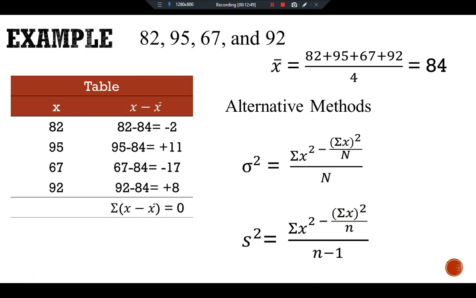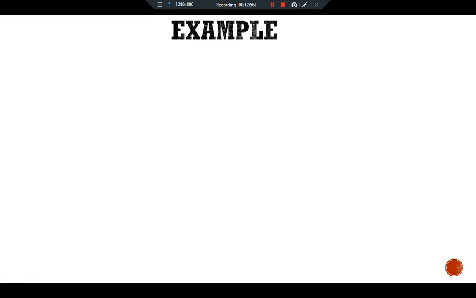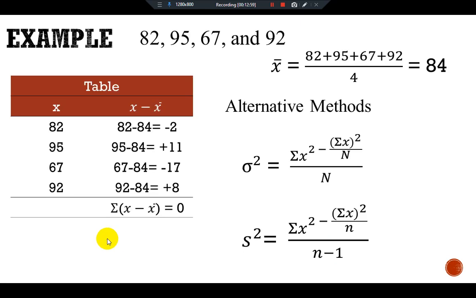We know that this is for the population and this is for the sample variance. The standard deviation can be obtained by taking the square root of these two, which we will explain in our coming slides as well. So let's see another example for further understanding about the standard deviation and variance.